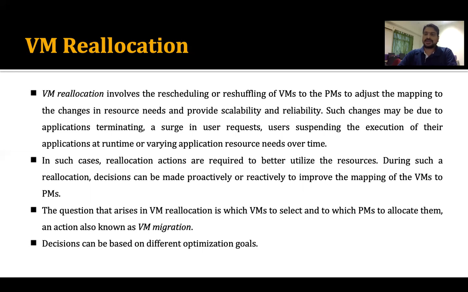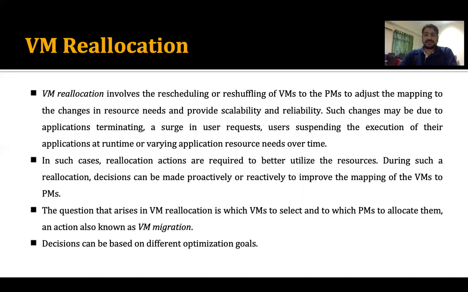Second, maybe a virtual machine which is already on one physical machine, and this physical machine may be overloaded. So we shift that particular virtual machine to another physical machine. This is the second scenario. The third scenario may be that the old virtual machine configuration is reconfigured, maybe scaled up or scaled down.